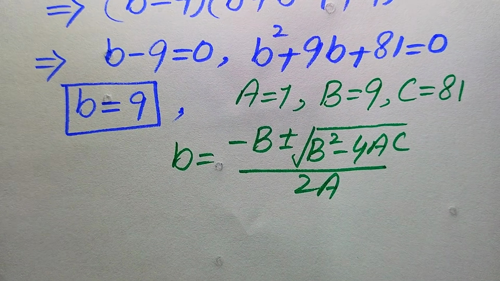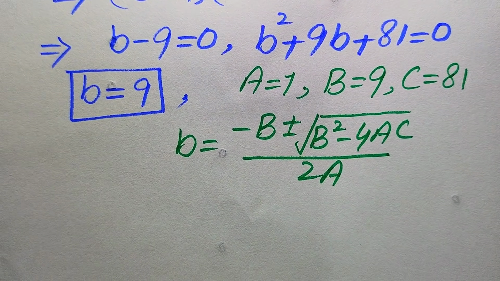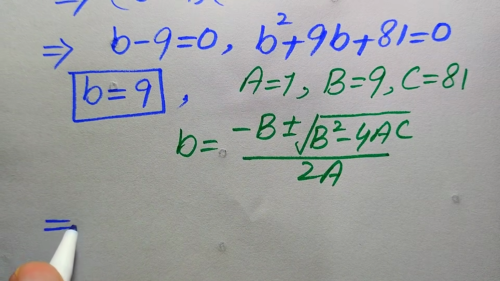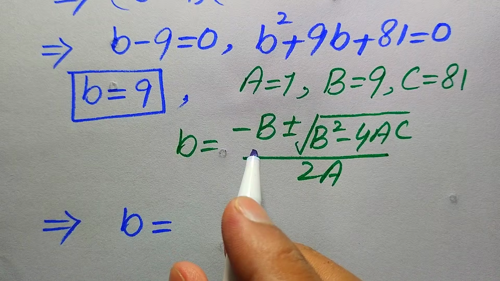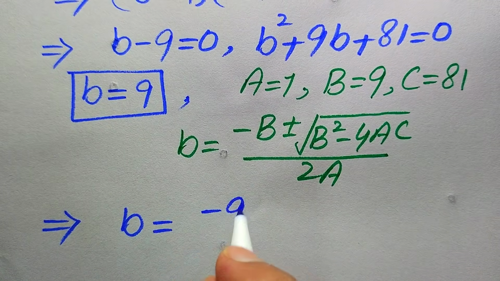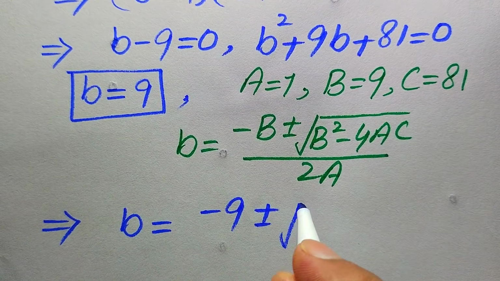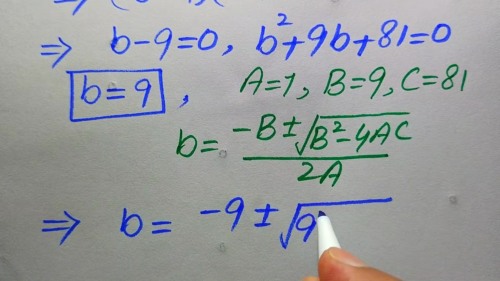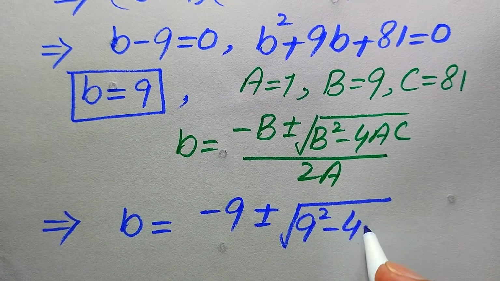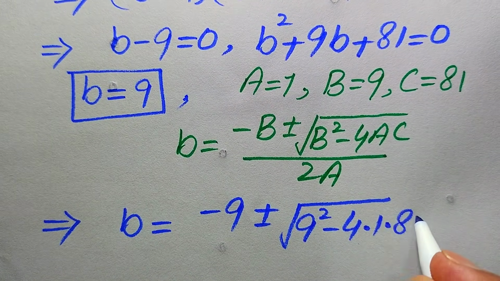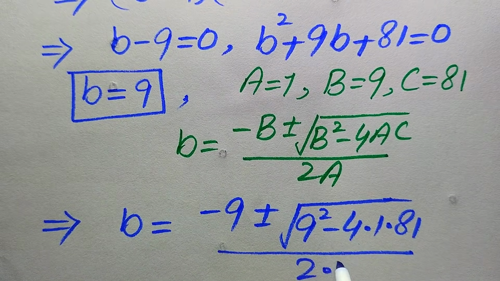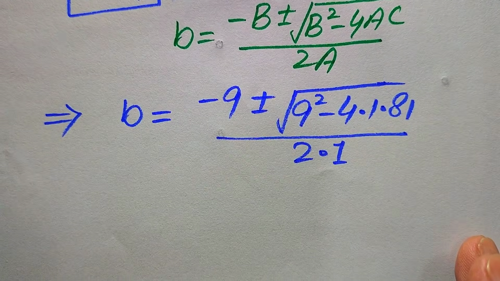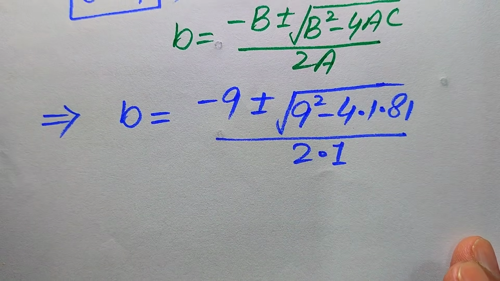So this is our quadratic formula, and here we substitute all the values of a, b and c, and this will be written as b is equal to minus b, the value of b is minus 9, plus minus square root of b square, b is 9 square, minus 4 times a, which is 1, and c is 81, and it is divided by 2 times a, and here our a is equal to 1.